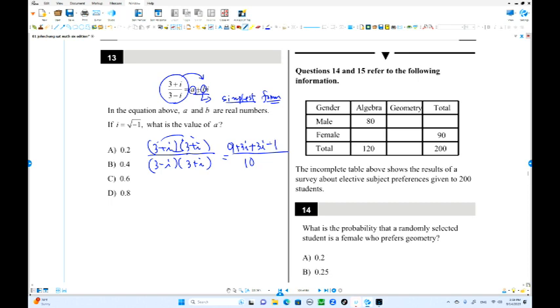We're going to find the real part. 9 minus 1 is the real part. That is 8 plus 6i over 10. This is a, this is b. a equals what? 8 over 10, which is 4 over 5 or 0.8. b is 0.6. So 0.8 is the answer.